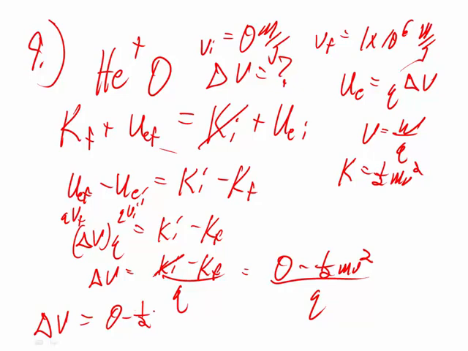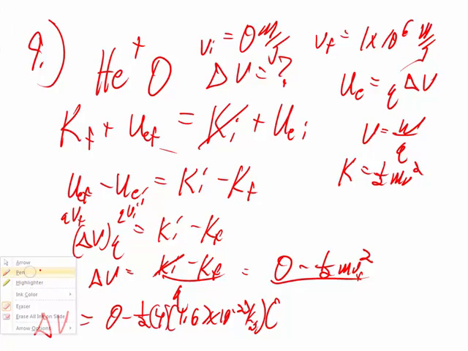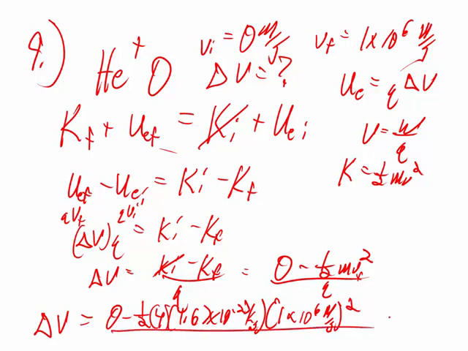Okay, so let's plug this in. So we got that times 4 times 1.67 times 10 to the negative 27th kilograms times the velocity, which was the final velocity, by the way, 1 times 10 to the 6th meters per second squared, divided by, and of course the charge is what?